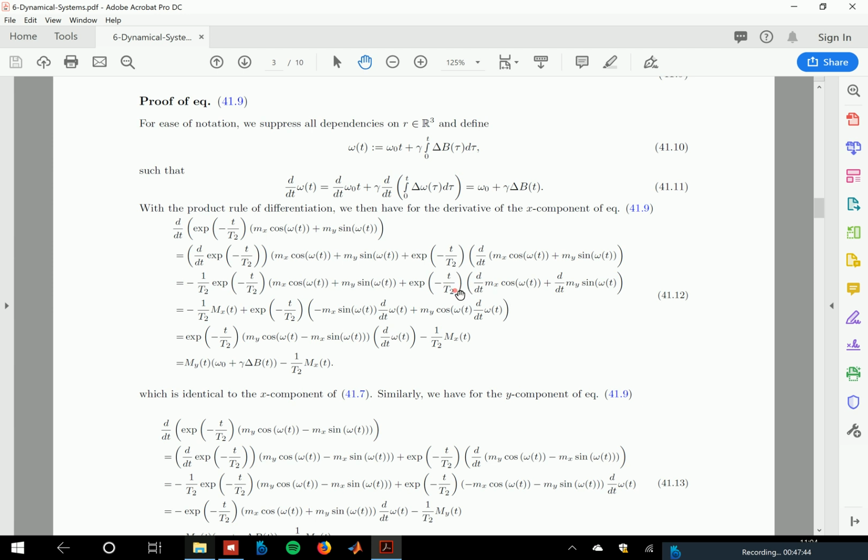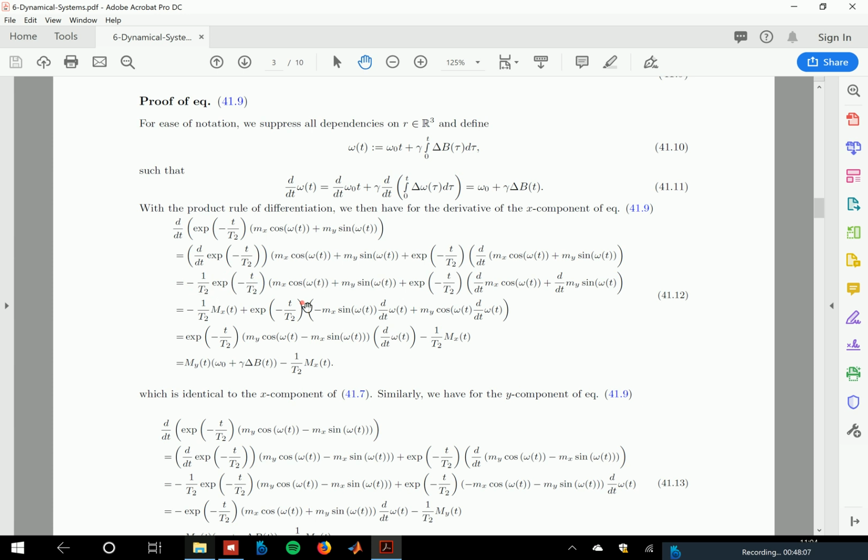Where we now computed the derivative of this mx cos omega t and my sin omega t, and then whether I write it down, I don't know.